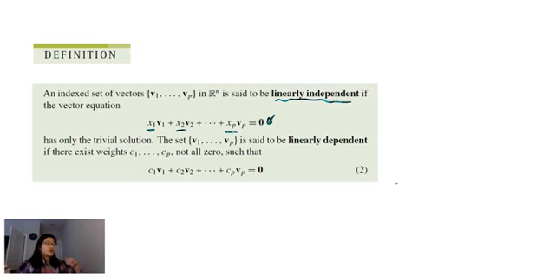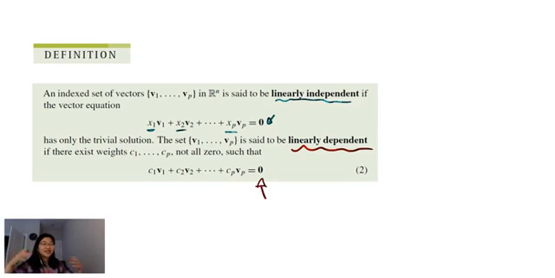Our index set of vectors is linearly dependent if we have weights that are not all 0, but that we still get our 0 vector out.